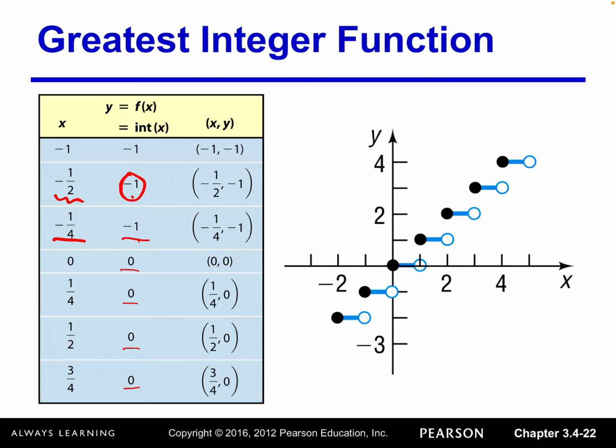It returns only integers. It doesn't matter whether x is an integer or a decimal, they all return an integer. That's why the graph looks like that. Later we're going to learn another function called a piecewise-defined function, which is defined by pieces. You can look at the graph, they're all horizontal line segments.